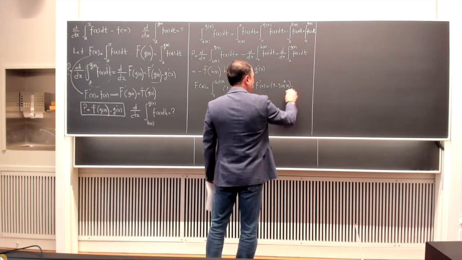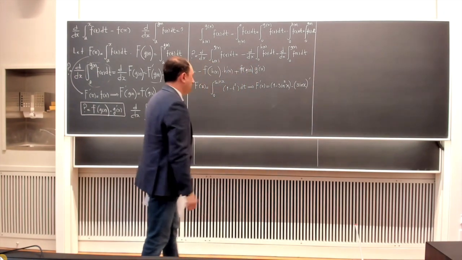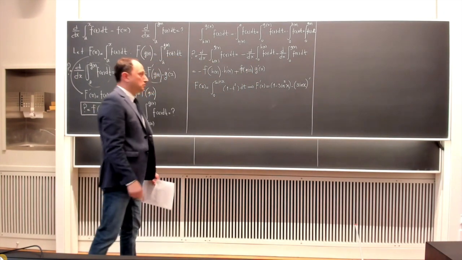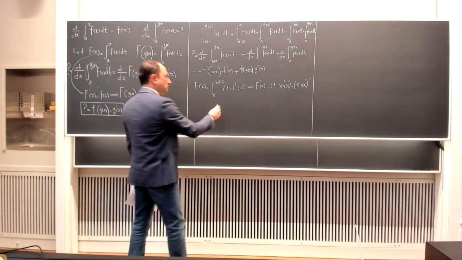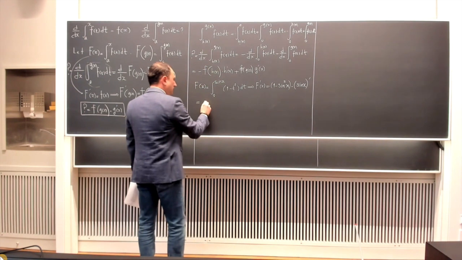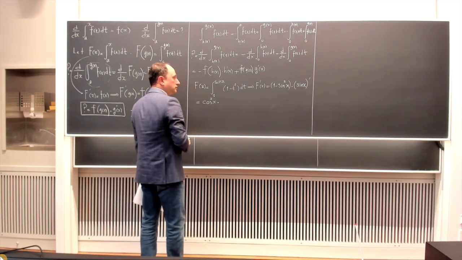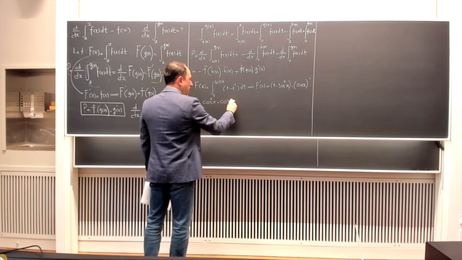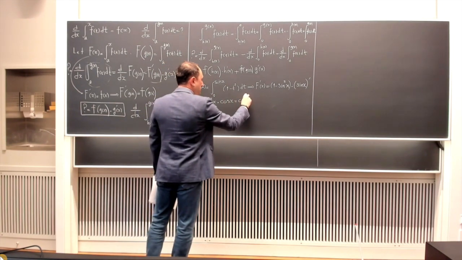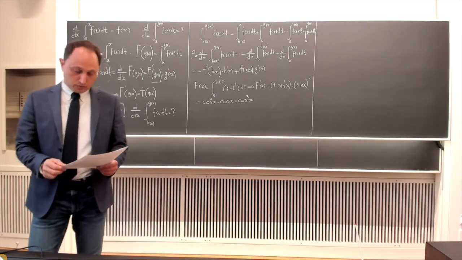I have to multiply by the derivative of the upper limit, because the lower limit is just a number, that's it, yes? You can simplify this a little bit: 1 minus sine squared has a better name, which is cosine squared, and then multiplied by the derivative of sine, which is another cosine. So this becomes cosine to the power of 3 x. Yes, so that is the answer to this.